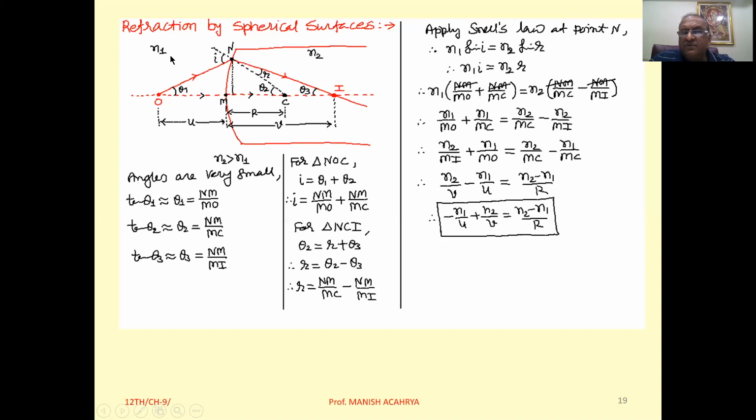Now the ray is propagating from optically rarer to optically denser medium, so it will be deviated towards the normal. એટલે આ રે N પાસેથી જ્યારે આ optically denser medium માં enter થશે એટલે આ NC જે line element છે, that is the normal at N. તો એની તરફ વાંકું વળશે.